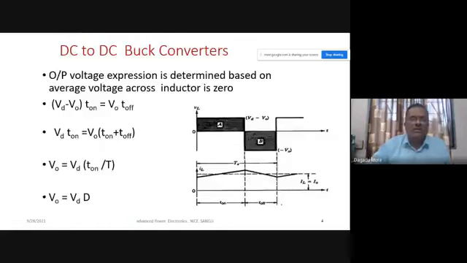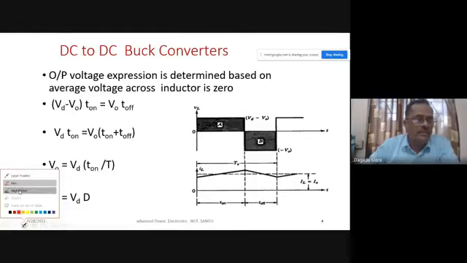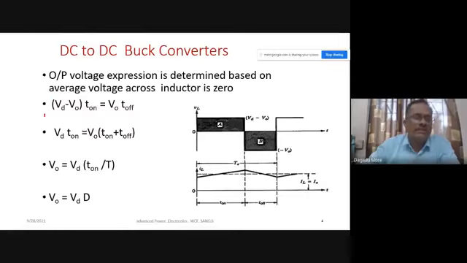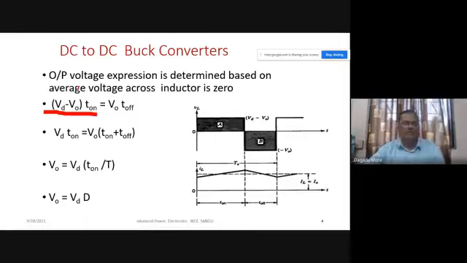So our positive volt-second area, we have shown it here. VD minus VO into T on, that will be our positive volt-second area, represented as the area A. And VO into T off, for this period T off, is the negative volt-second area.